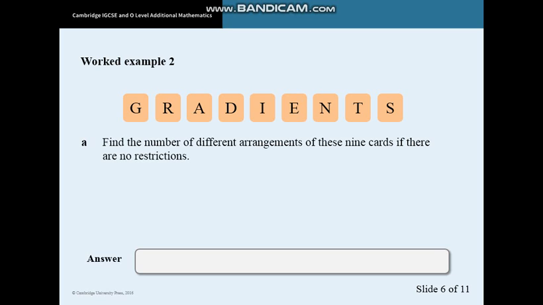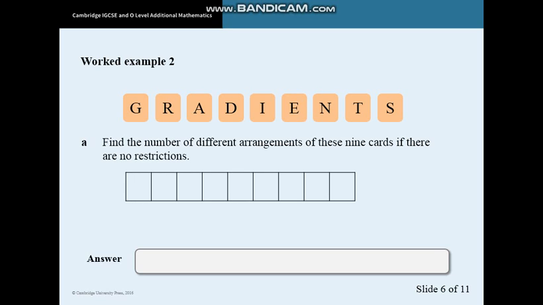So for these 9 cards, there are 9 boxes. In the first place we can put any of them. In the second one, of course, we reduce by 1, and so on. We get 362,880. So 9 factorial is quite big.